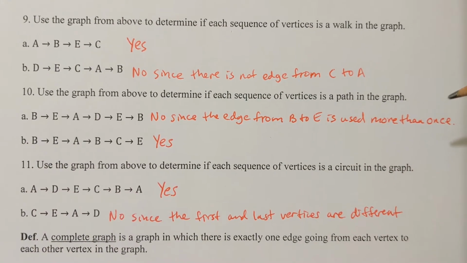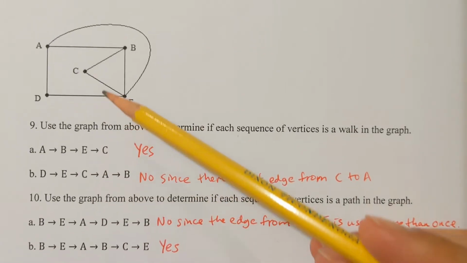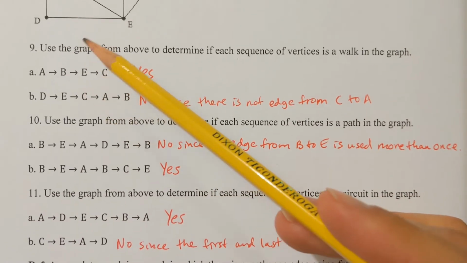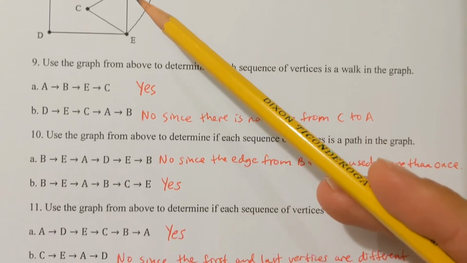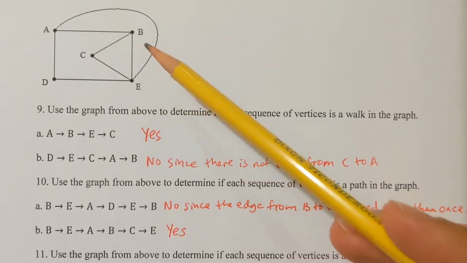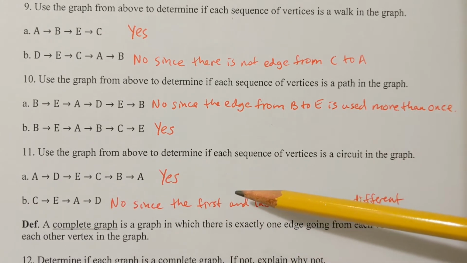Problem 11, use the graph from above to determine if each sequence of vertices is a circuit in the graph. A circuit in a graph is a path that begins and ends at the same vertex. So part A, you've got A to D to E to C to B to A. Since I began and ended with the same vertex, yeah, that'd be an example of a circuit.